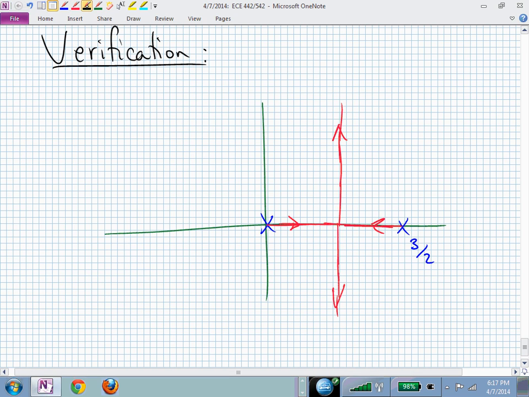Suppose we just select a hypothetical point right there. Then we know if this point is on the root locus, what has to happen at that z value in the complex plane?